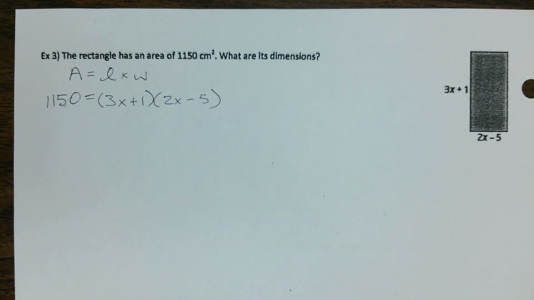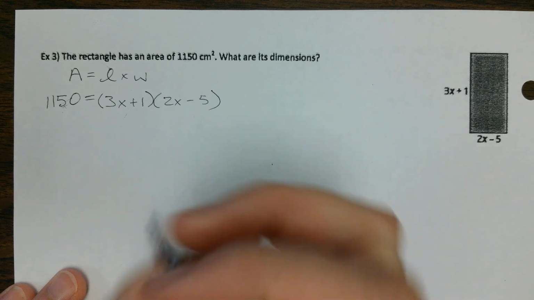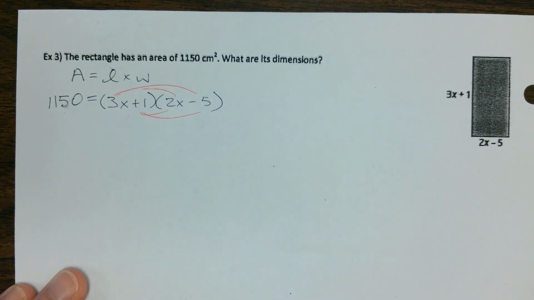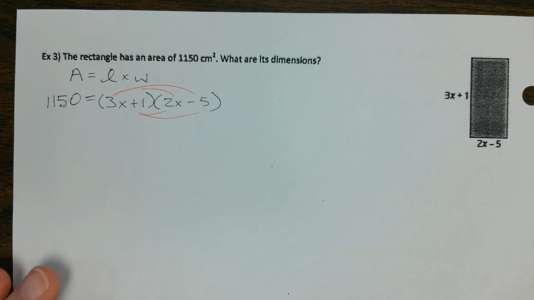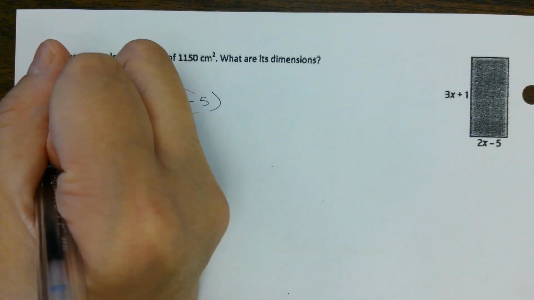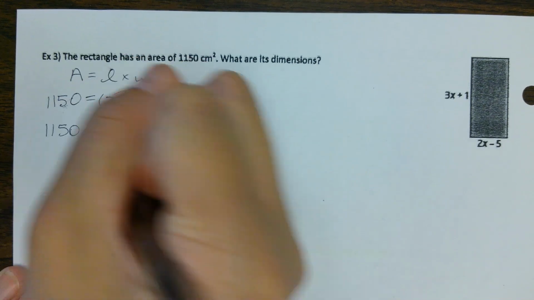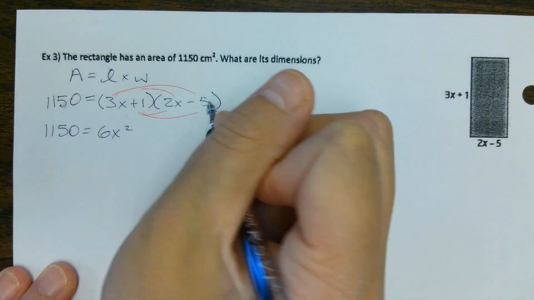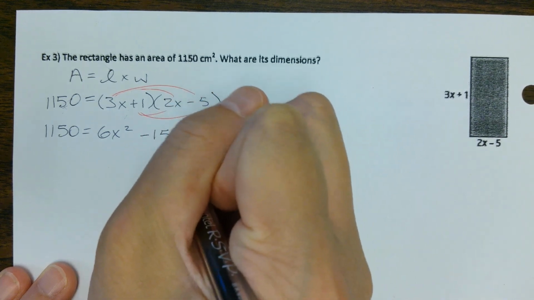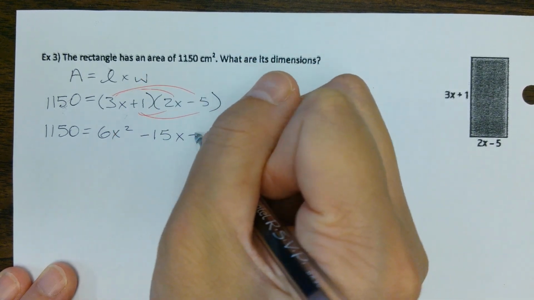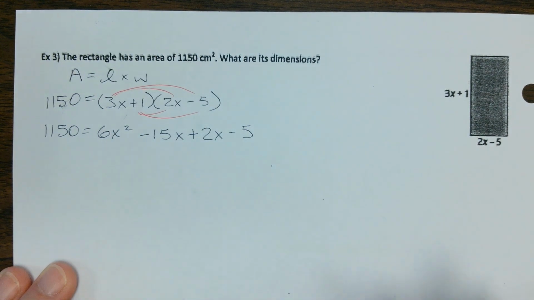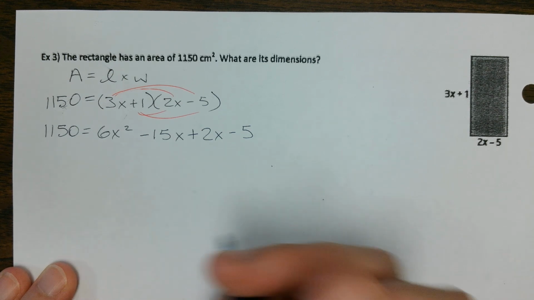So what do I have to do to make it into standard form? FOIL. First, outside, inside, last. I have to do FOIL. So 1150 equals 3x times 2x is 6x squared. 3x times negative 5 is negative 15x. You get plus 2x, and then multiply that, you get minus 5. Right? As Taisha said, we need it to equal 0.